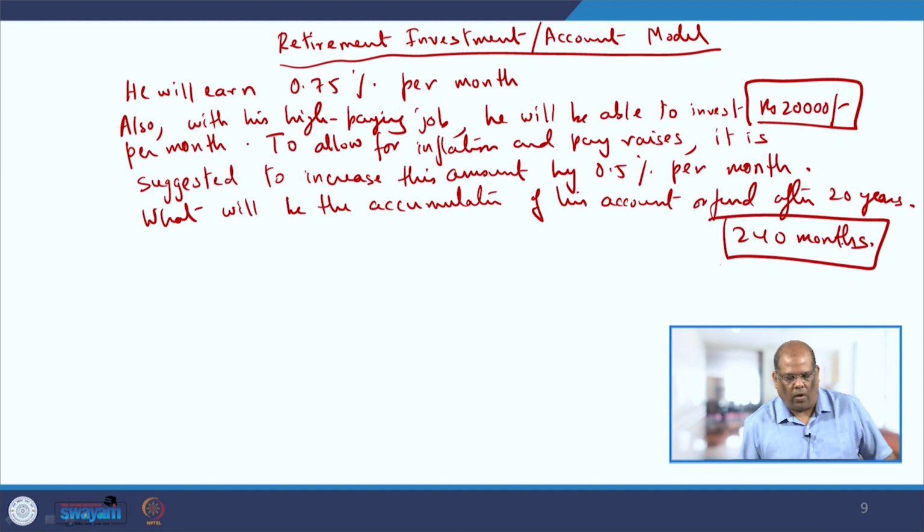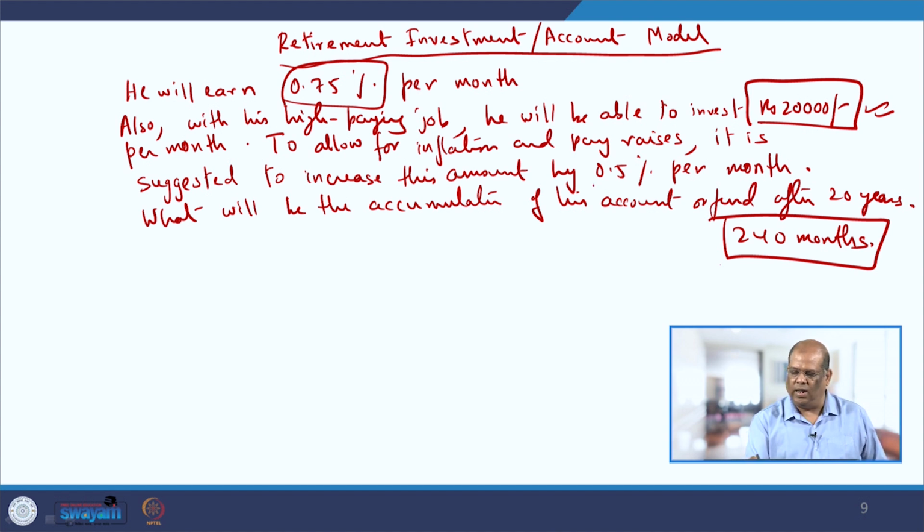So, we are going to model this situation where a person went to the bank and was asked to invest in this retirement scheme. In the scheme they said that you will earn 0.75% every month, which is 9% per year, and if you invest 20,000 every month, that is the initial investment, let us find out what the amount will be after 240 months.